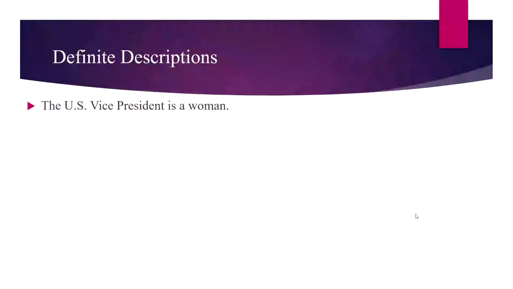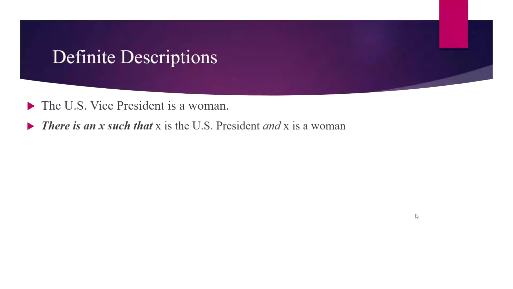So first we have the US Vice President is a woman. If we think about this superficially, we might want to say there is an X such that X is the US Vice President and X is a woman. For the universe of discourse, we would have VX, X is the US Vice President, and WX, X is a woman.